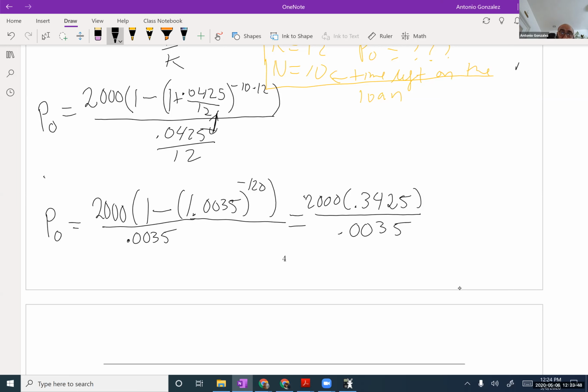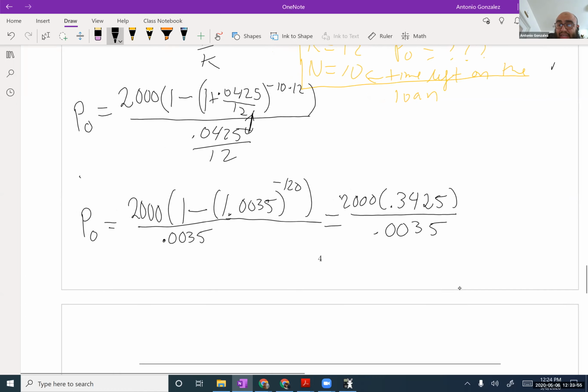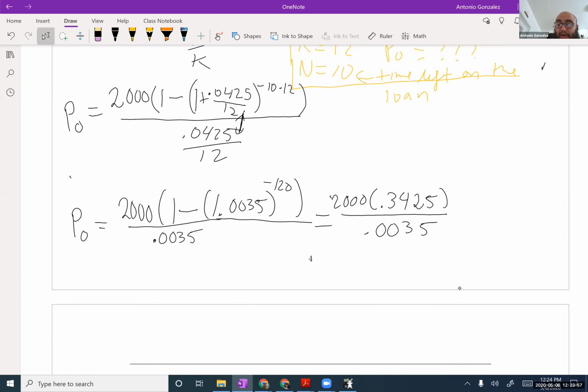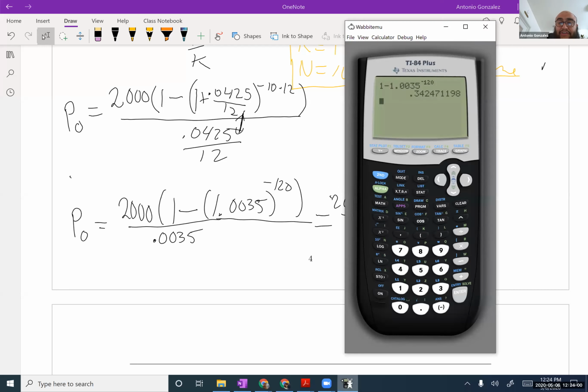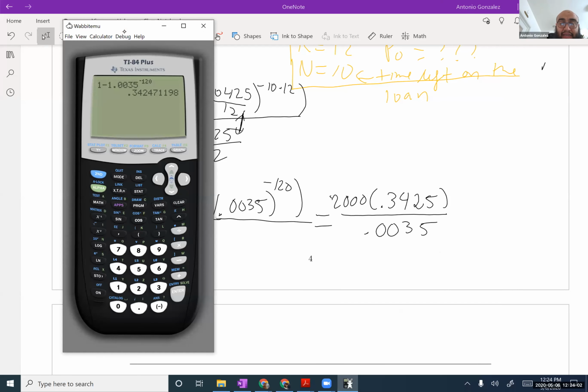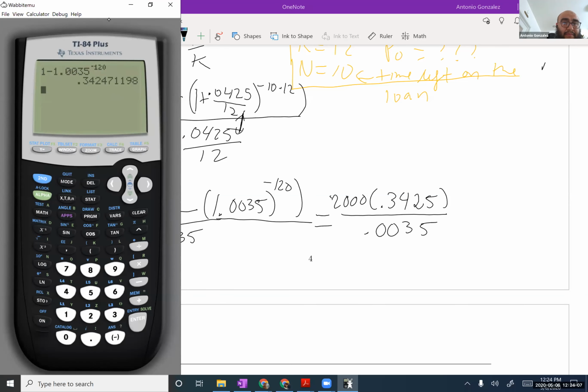All right, and now the last thing here is plugging in that last calculation, and that one I'll just do in one calculation. So I'll plug in here 2,000 times 0.3425.